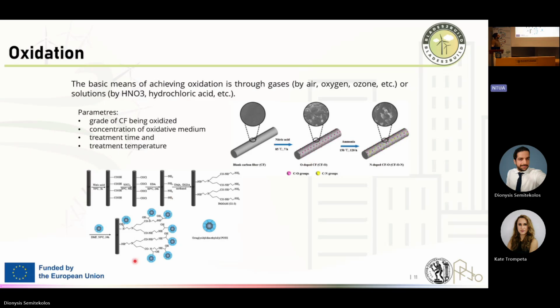So, for example, you see here that he started with a simple oxidation process with nitric acid, where he attaches hydroxyl groups on the fiber surface, and then through consecutive steps, he reaches this kind of structure, which seems quite impressive, but he has something specific in mind. We don't usually see this kind of stuff in the industry. So maybe in a very specific application this can be applied, but it's a good starting step to further oxidize the fiber.